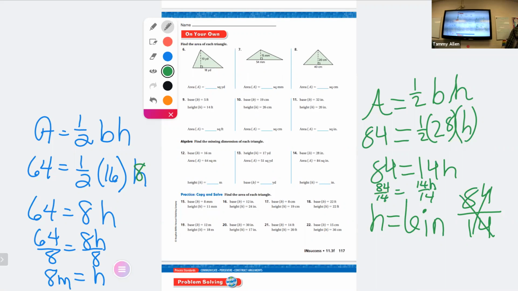On 114, let's do all. On 119, let's do 10 and 11. And on 120, let's do all.